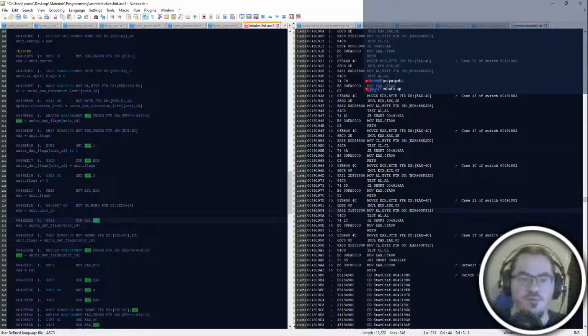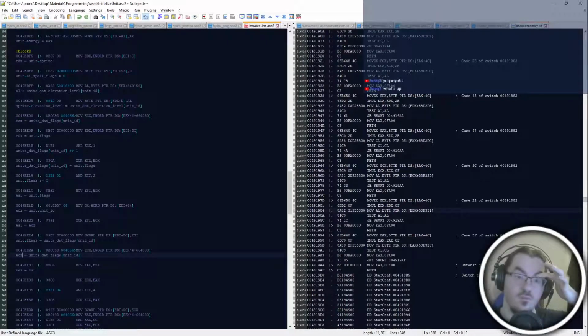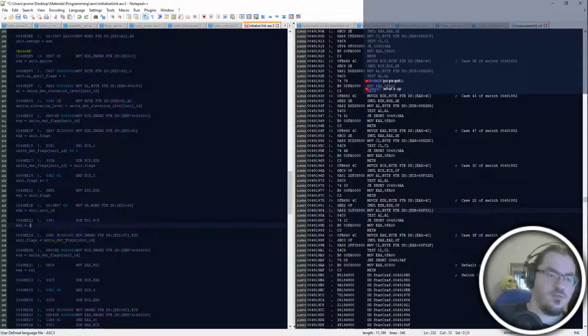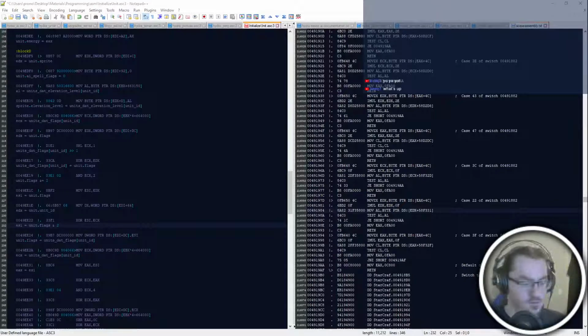Oh, wait. So ECX was modified at this point, so it's unit flags 2. Two is landed building.